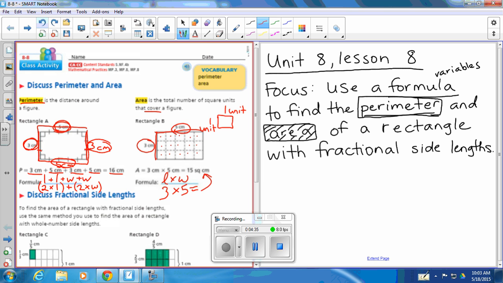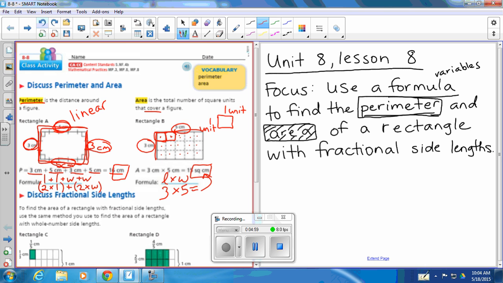Now if you look closely, the units change. For perimeter, it says centimeters. For area, it says square centimeters. The difference is this is a linear measurement. We are in one straight line here and going around the distance of that shape. Here, we are in square units. Notice we have this whole square covers this spot.